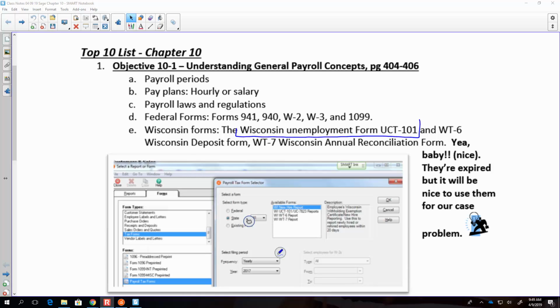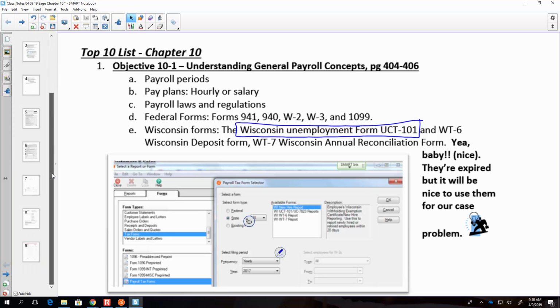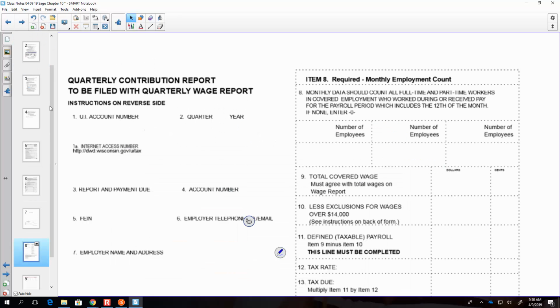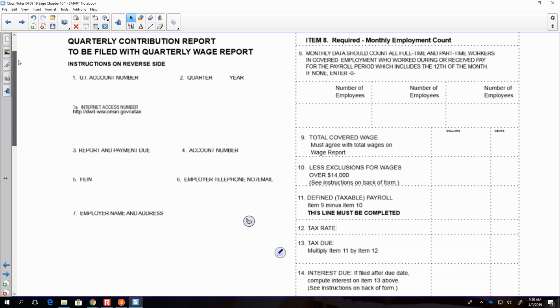One of the documents I gave you was a UCT 101 report, which is Wisconsin's unemployment report. So let's just take a look at that first. It looks like this. There's actually 2 pages to it.